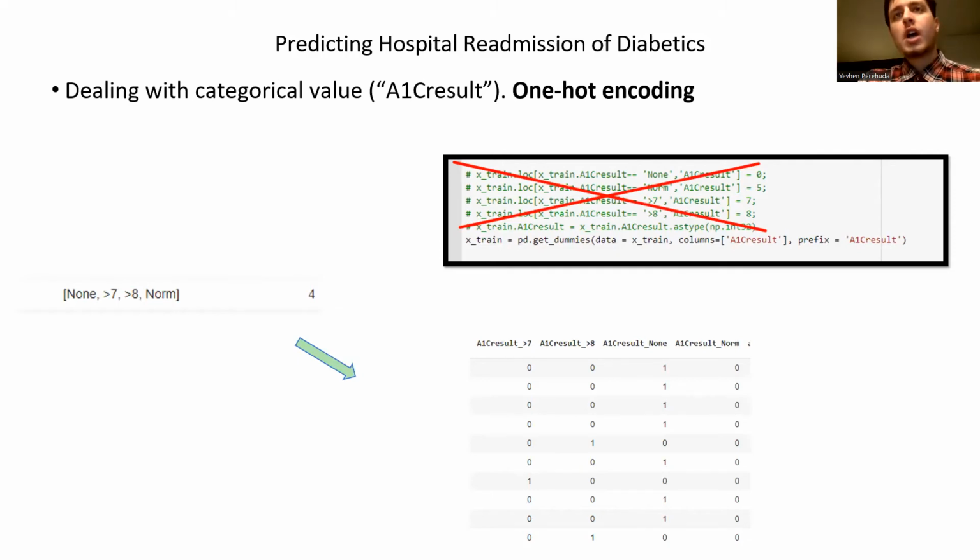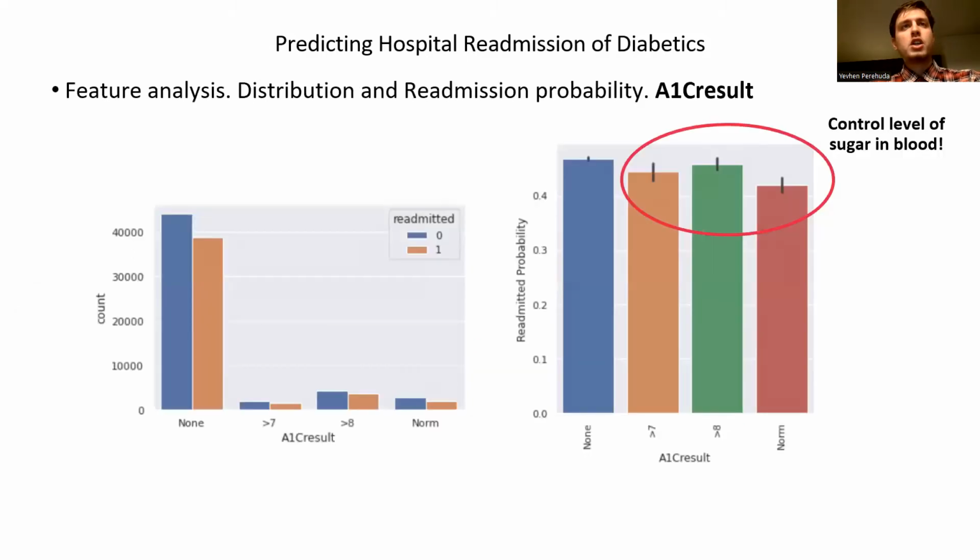This is a test for detecting the level of sugar in the blood of the patient. And what we can see here is that if a patient has been tested for this level of sugar in the blood, he will have less probability of being readmitted.